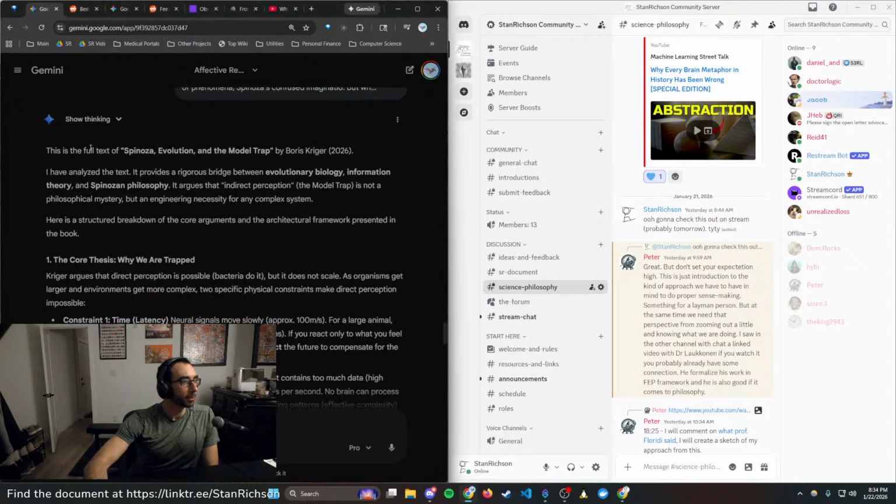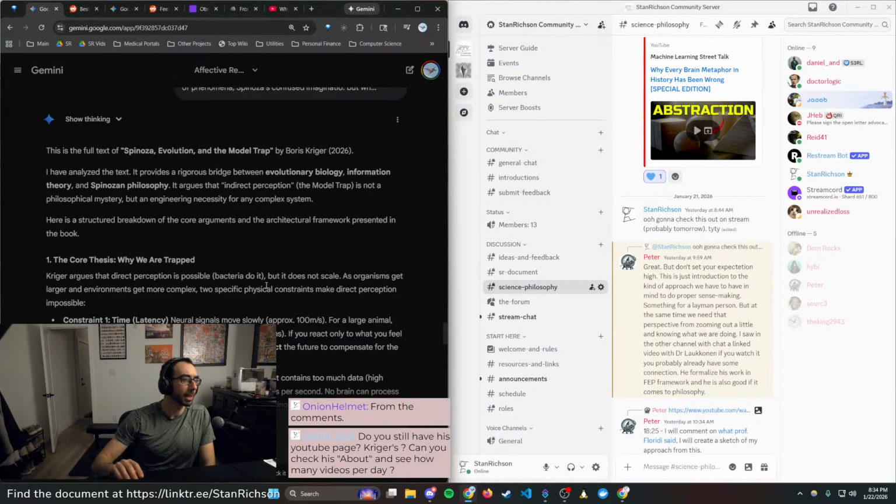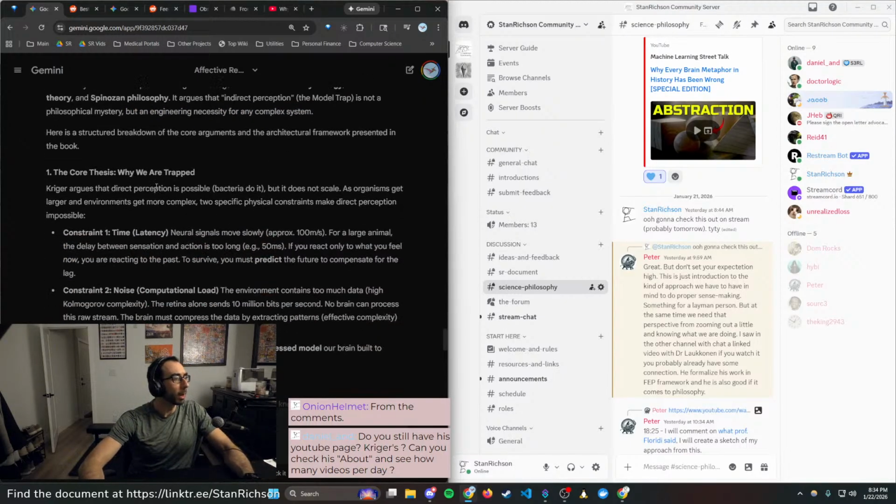All right, this is the full text. I've analyzed the text. It provides a rigorous bridge between evolutionary biology, information theory, and Spinozan philosophy. It argues that indirect perception, the model trap, is not a philosophical mystery, but an engineering necessity. Why are we trapped? Constraint: time. Neural signals move slowly. For a large animal, the delay between sensation and action is too long, 50 milliseconds.